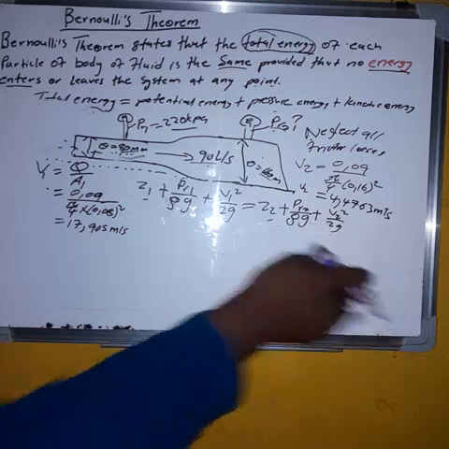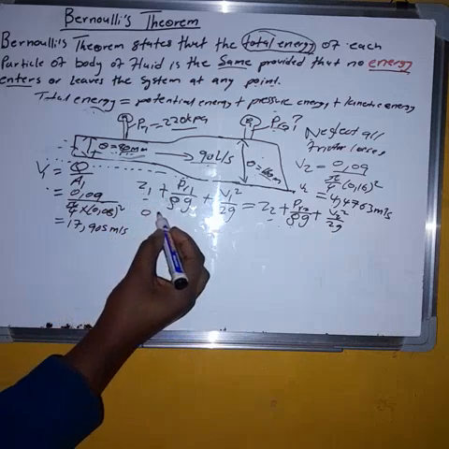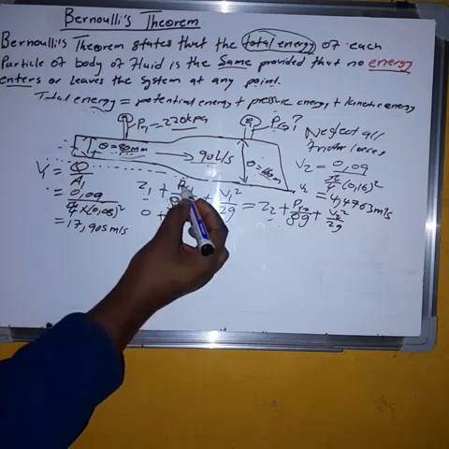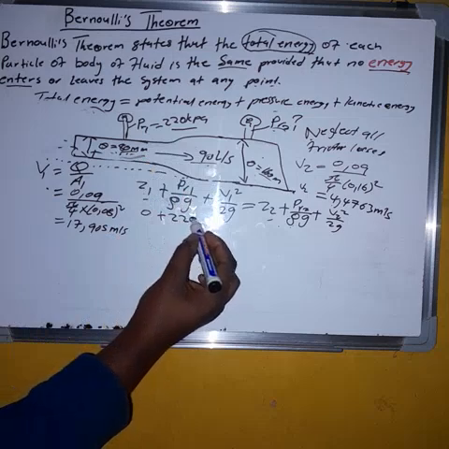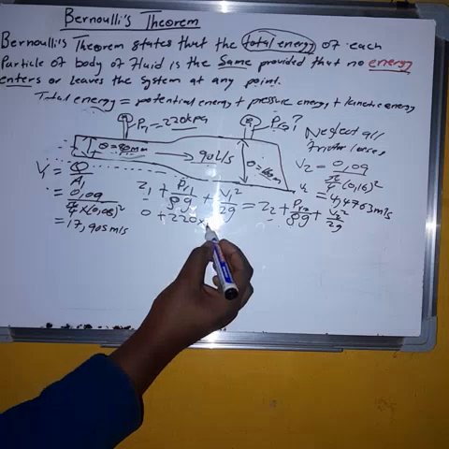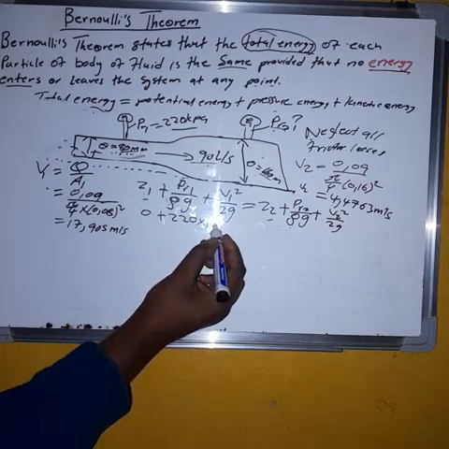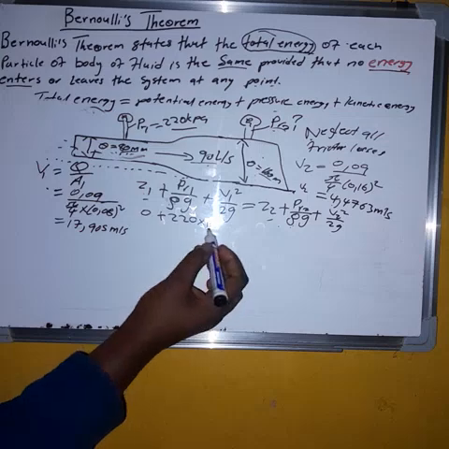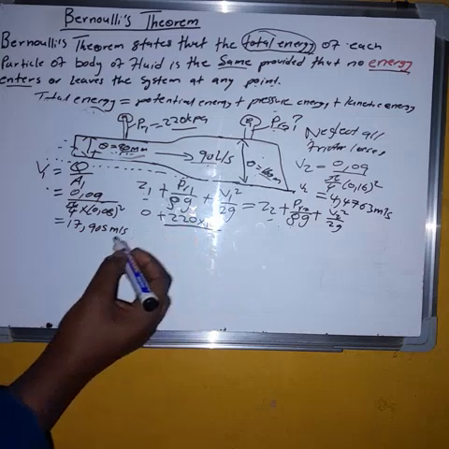We consider them as 0. When you substitute, this will be 0, plus we have pressure 1, which is 200 multiplied by 10 to the power 3, the same as 1000, divided by density.